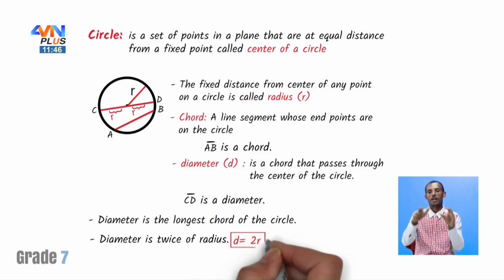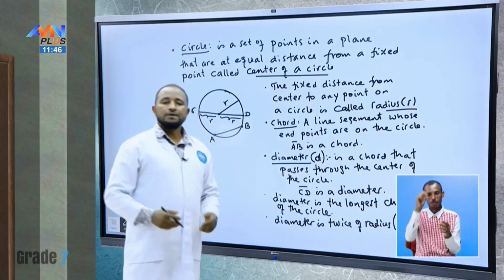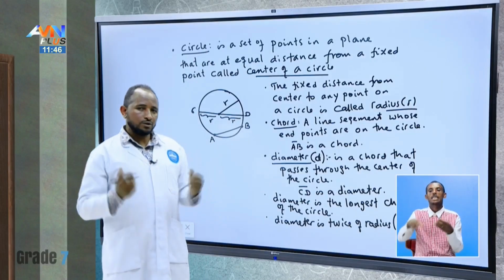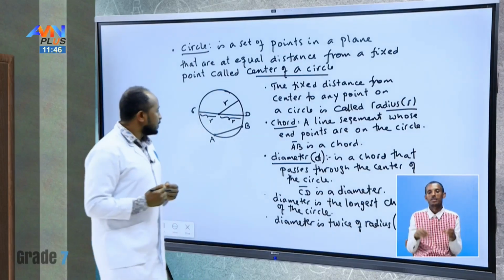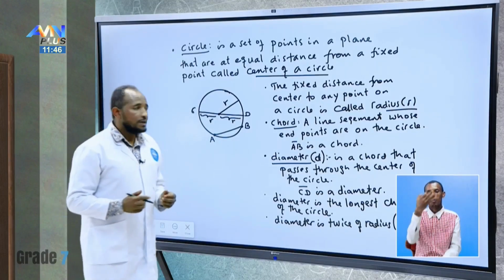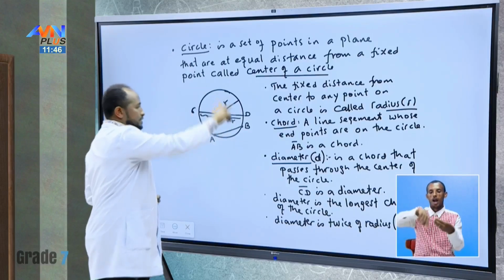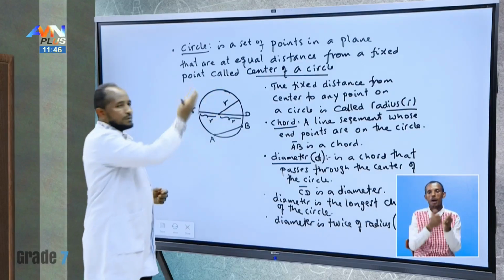Now, let's see another terminology here, circumference of a circle. Circumference of a circle is the total length around a circle, or the path length around the circle.